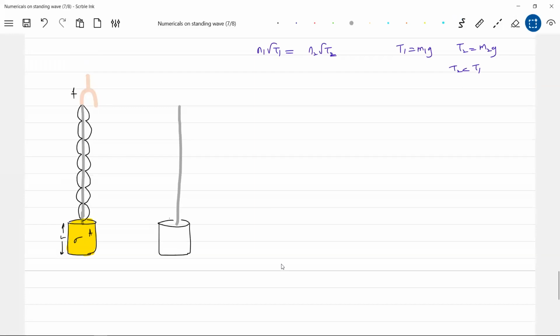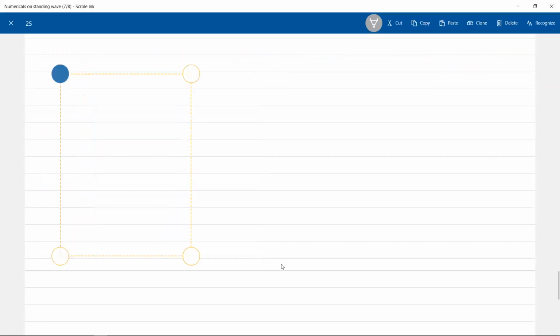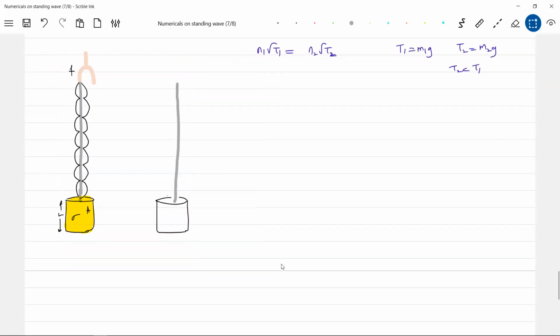Let me bring the vessel. I'll fully immerse this in a container.